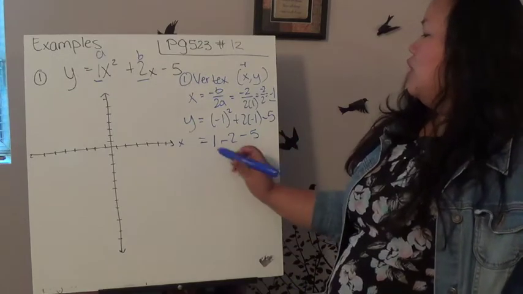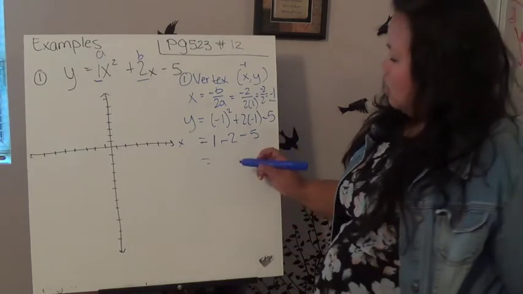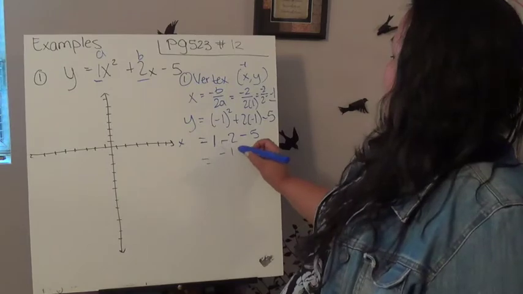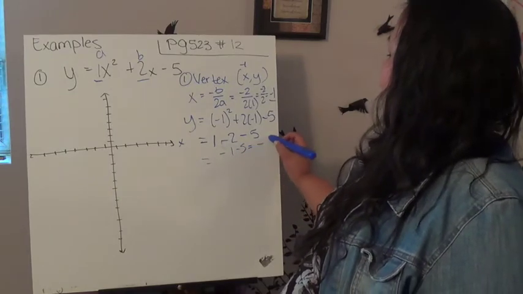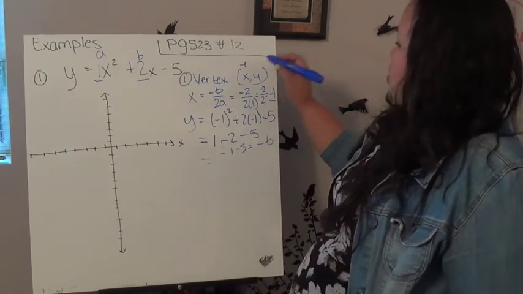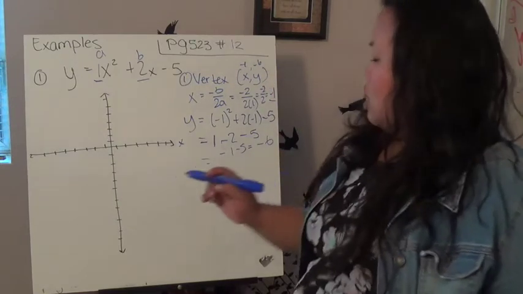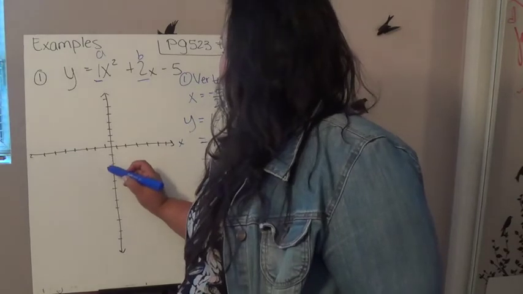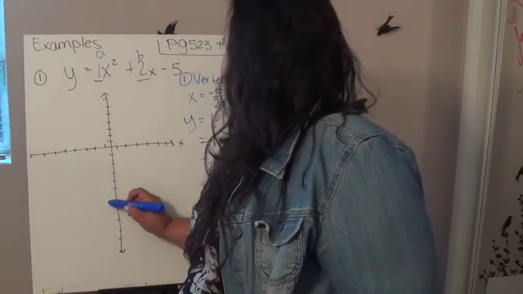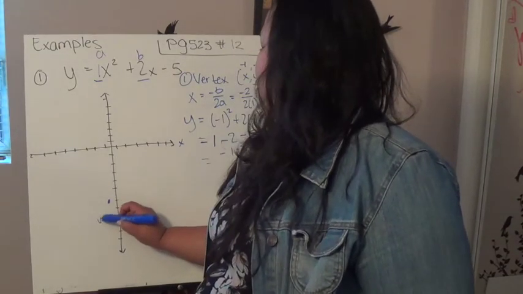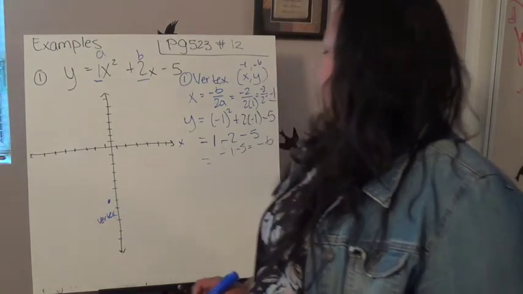Okay, so 1 minus 2 is negative 1. Minus 5 gives me negative 6. So my vertex is negative 1, negative 6. So that means negative 1, 1, 2, 3, 4, 5, 6. This is my vertex. Okay?